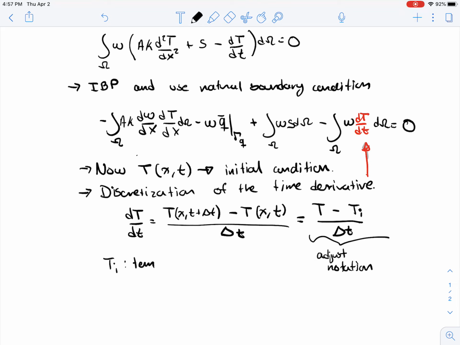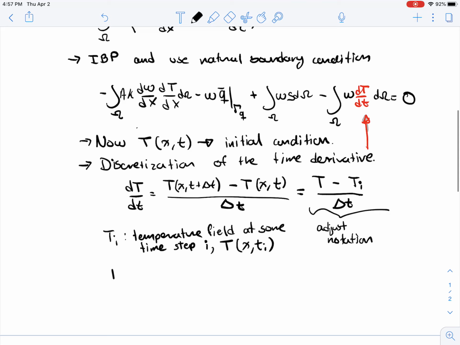So Ti is basically the temperature field at some time step i, right? So that would be this T of x, for all x, but for some time, and I'm gonna call it Ti, some time step.